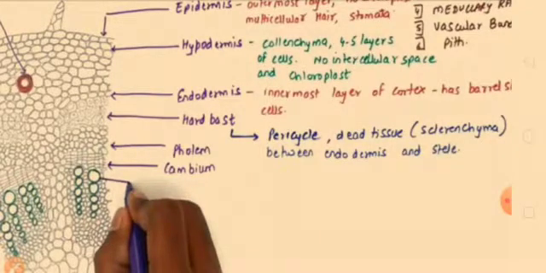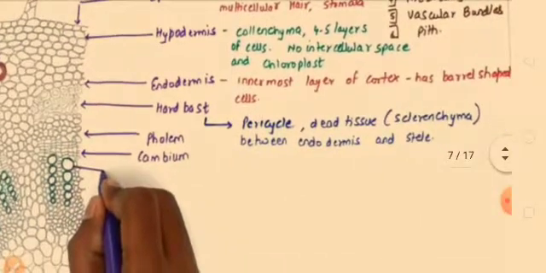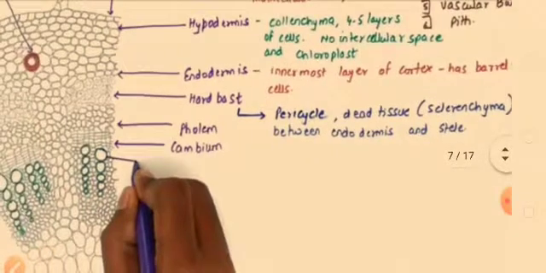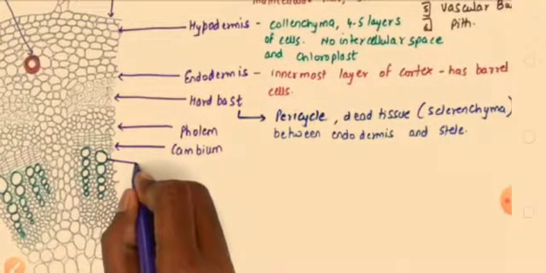As we already know, next to the cortex you have the endodermis, the first circle, and inner to the endodermis the second circle is the pericycle. The pericycle is made up of dead sclerenchyma cells, and it lies between the endodermis and the stele. The stele is whatever layer you can see inner to the pericycle.